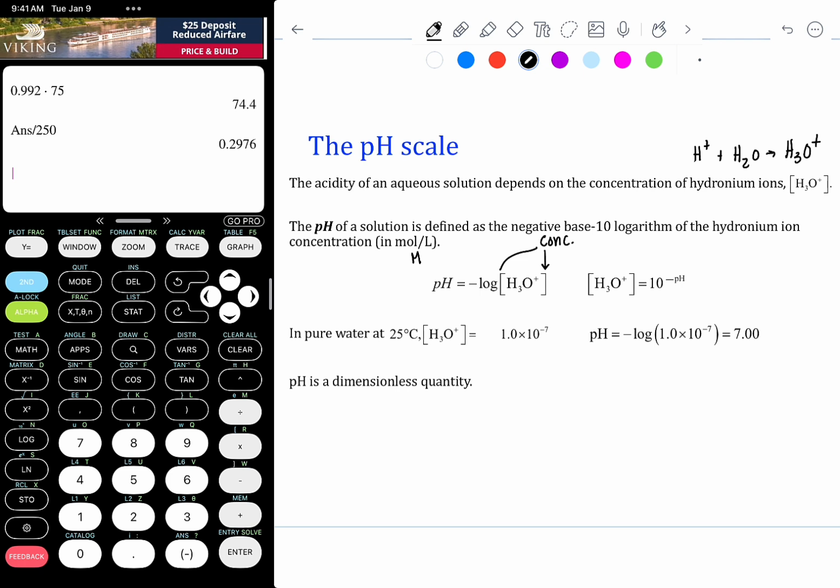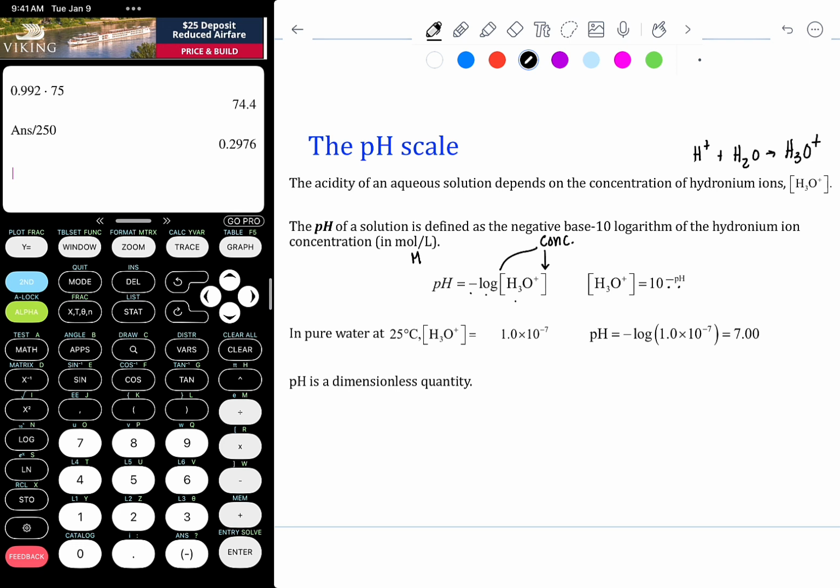So we can define pH as the negative log of the H3O+ concentration. We can also take a pH and solve for the H3O+ concentration by doing the opposite of a base 10 log, which is 10 raised to the negative pH.